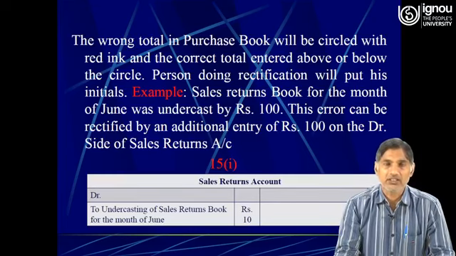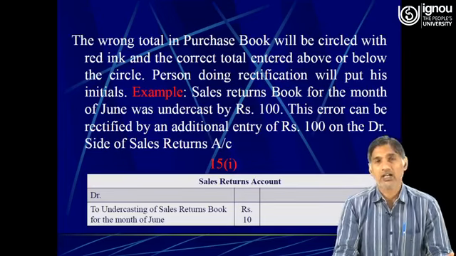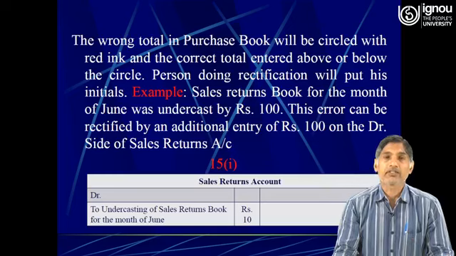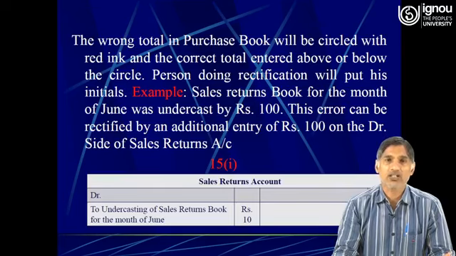The journal entry would be customer's account debit to sales rupees 100. But when sales return happens, the journal entry will be sales return account debit to customer, 100 rupees.